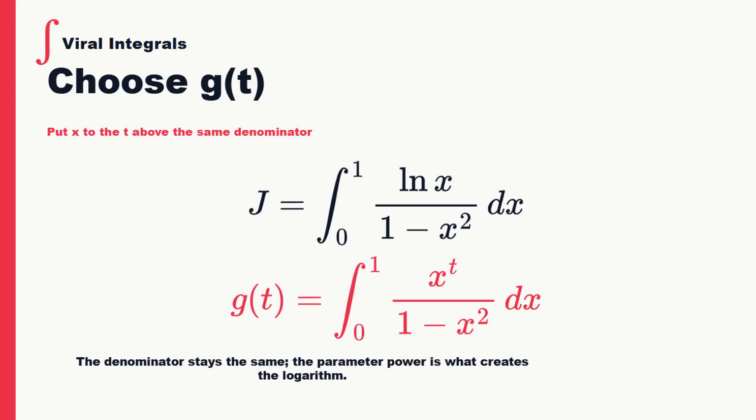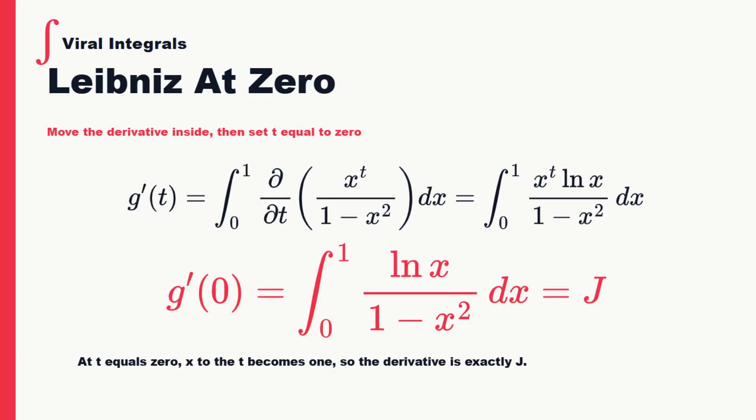Remember that j was also equal to the integral from 0 to 1 of natural log x over 1 minus x squared dx. So now what we're going to do is let g of t equal the integral from 0 to 1 of x to the t over 1 minus x squared dx. That might seem strange, but remember from previous videos, we can take a derivative inside, we can take a derivative of g of t directly, and we'll do that in the next step.